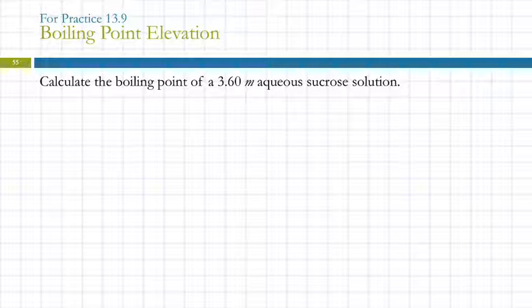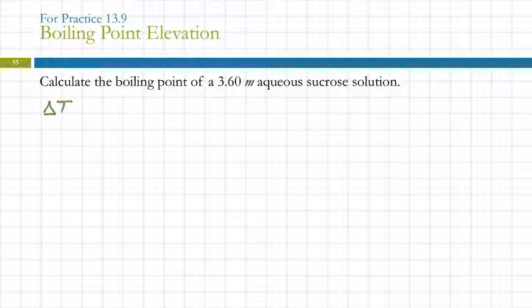So you can use pure water in your radiator in a pinch, but you don't want to just keep doing that. So we can also calculate boiling points. Calculate the boiling point of a 3.60 molal aqueous sucrose solution.